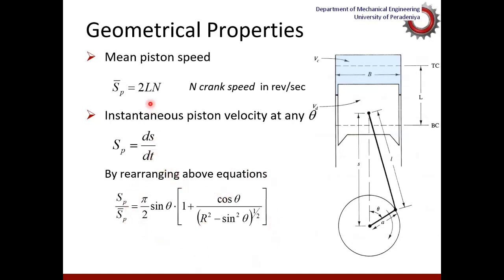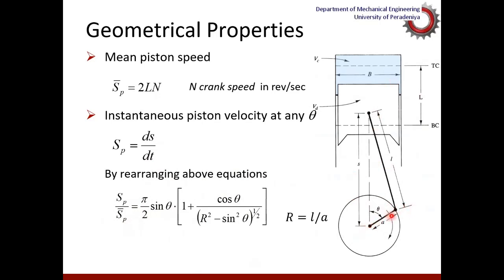Accordingly, we can get rid of the value of N from this equation, and we can represent the ratio between the instantaneous piston speed and the mean piston speed as a function of theta, where theta is the crank angle, the crank rotation, and R is a geometric parameter, which is the ratio between the connecting rod length and the crank radius A.